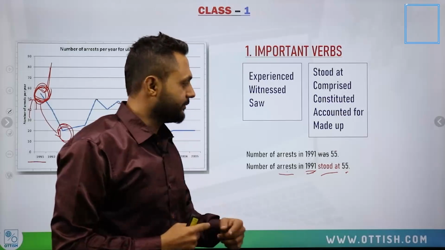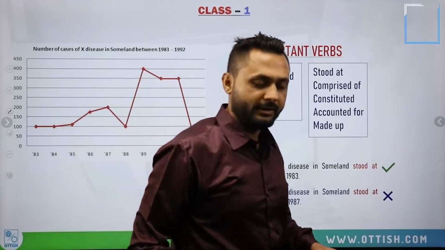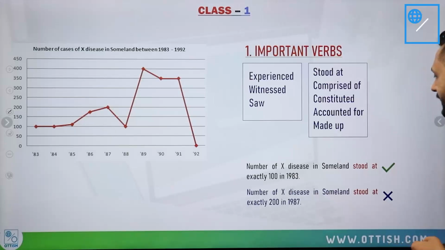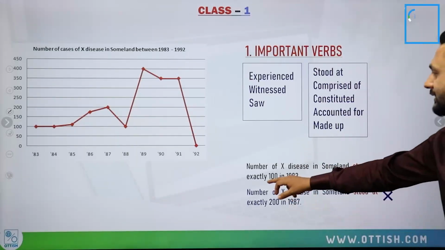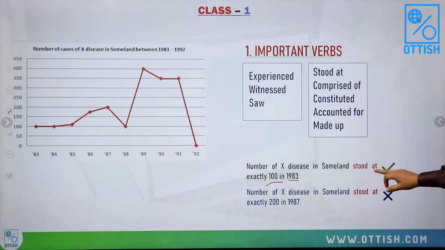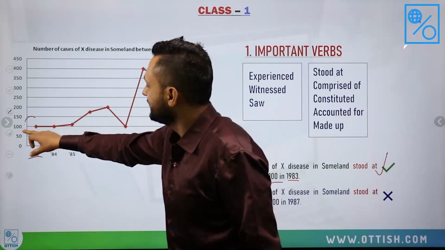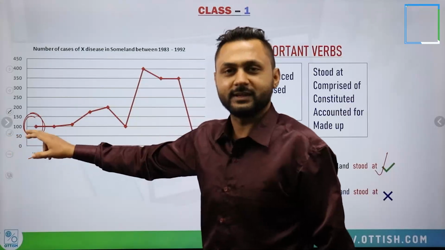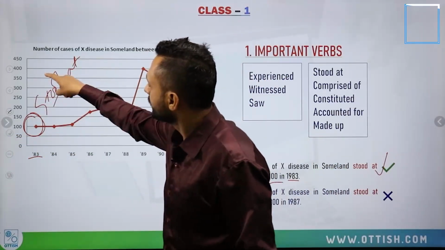And now I'm repeating this because students again make mistakes here. Now let's see the correct way and the incorrect way of writing. Number of acts disease in some land stood at exactly 100 in 1983. This is correct because 1983 is the initial data, so you can use the word stood at here.